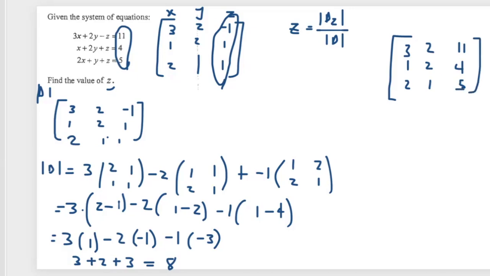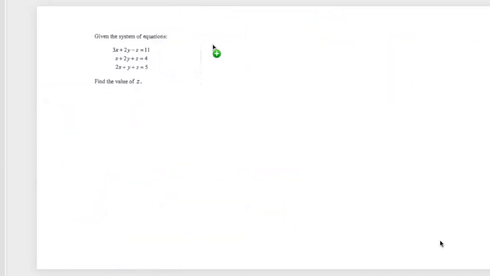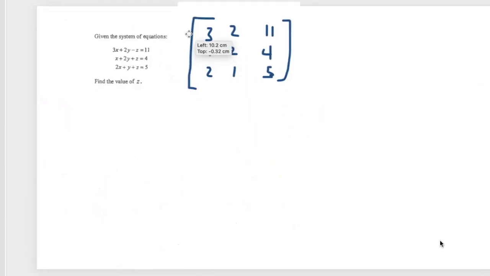So I'm going to find the determinant of this, but let me just put it on a different page. So looking at this, I'm finding the determinant of z. So to find the determinant of z, I am going to have my first row, which is 3, 2, and 11.